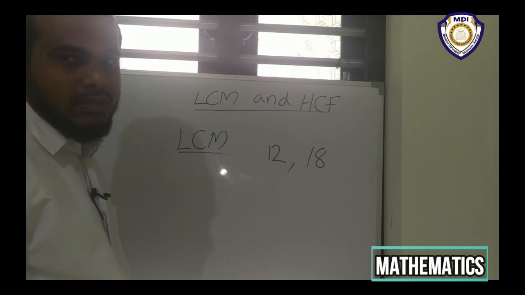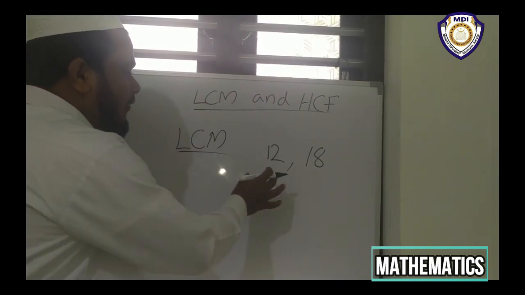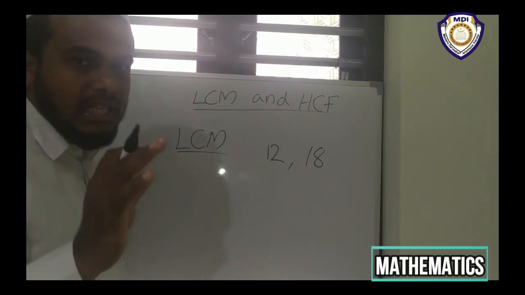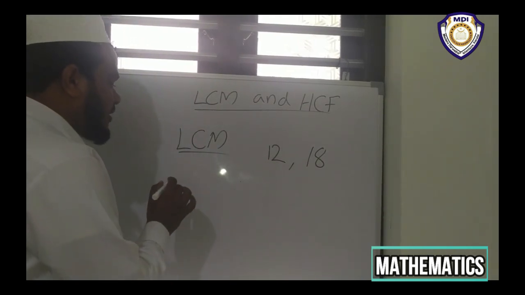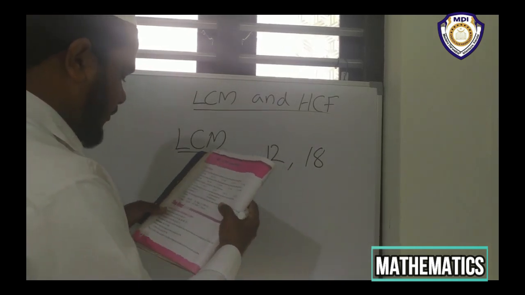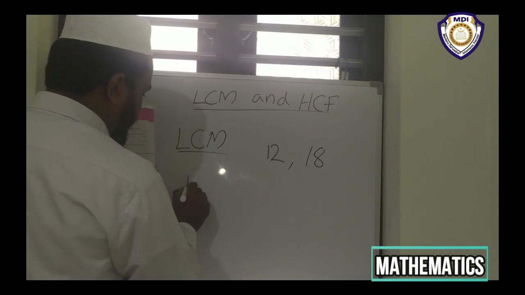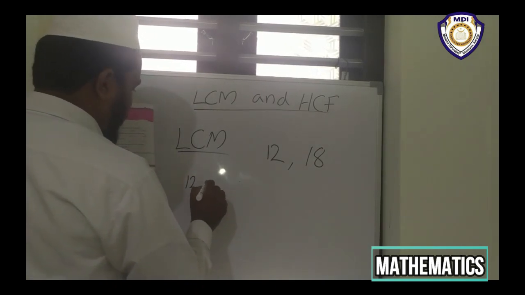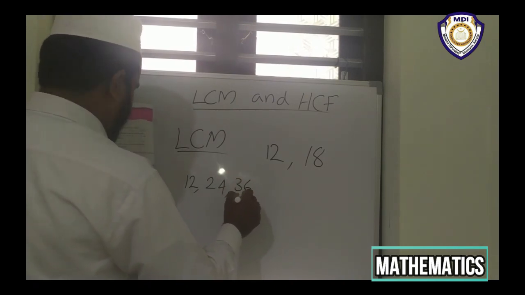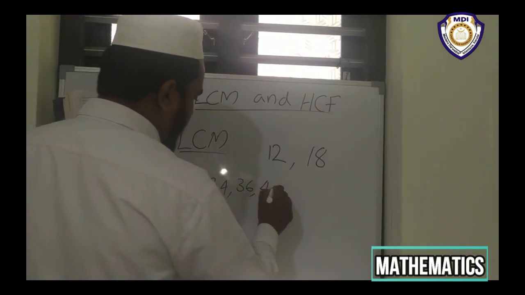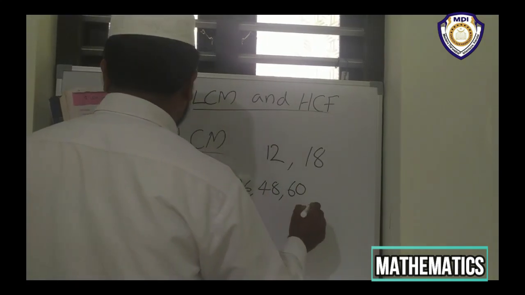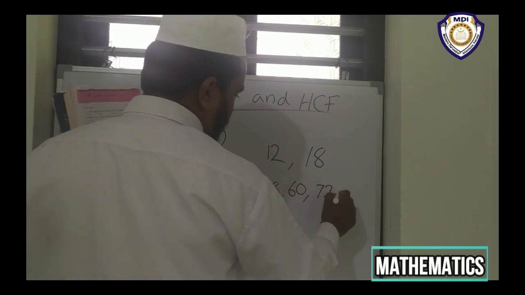How can you find out? First step, we have to find out the multiples of 12 and 18. Which are the multiples of 12 and 18? 12, 24, 36, 48, 60, 72.